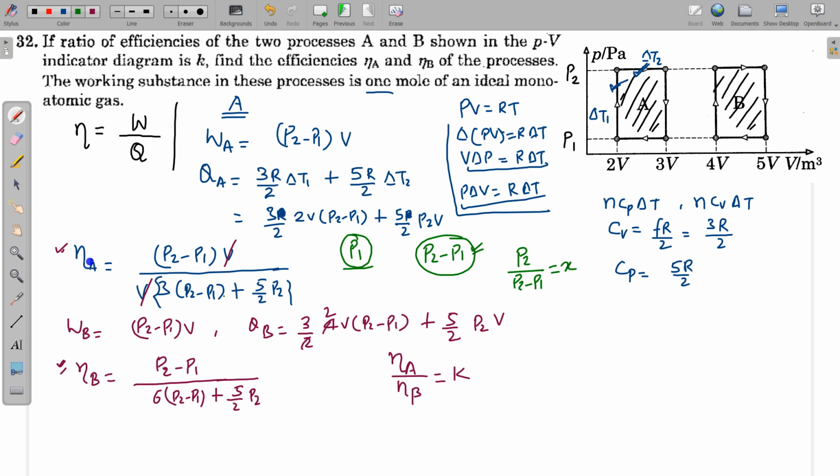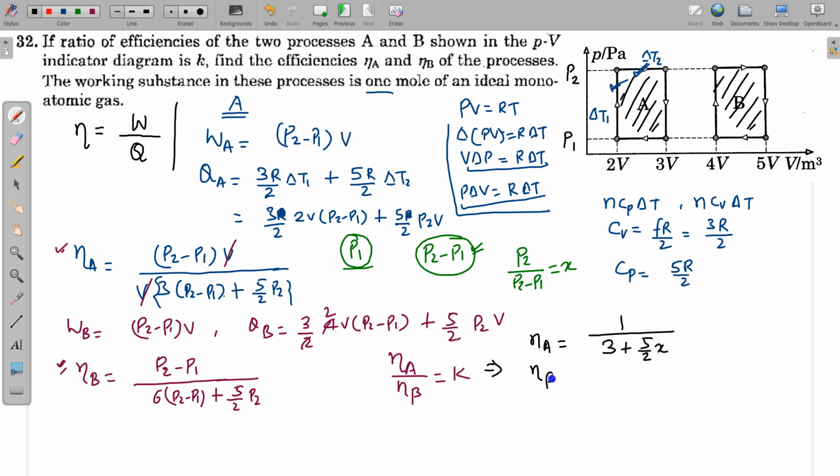So eta A by eta B is equal to k. This equation I can use like this. This eta A, after dividing all this, I can write it like this: 1 divided by 3 plus 5 by 2x.